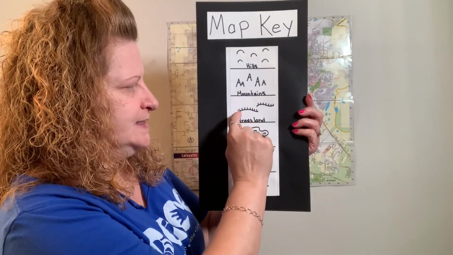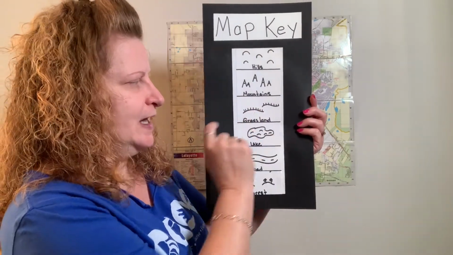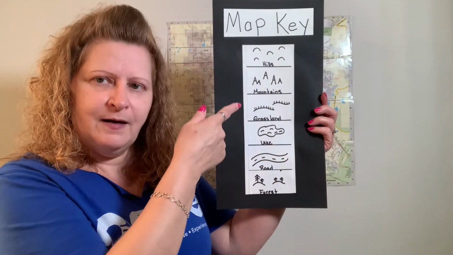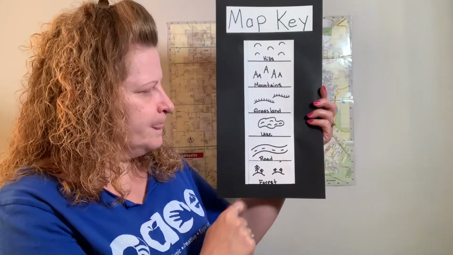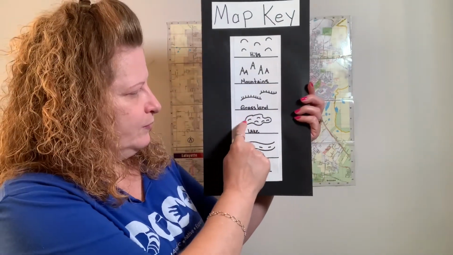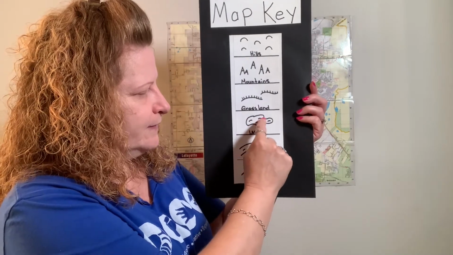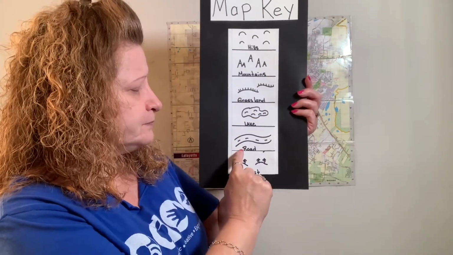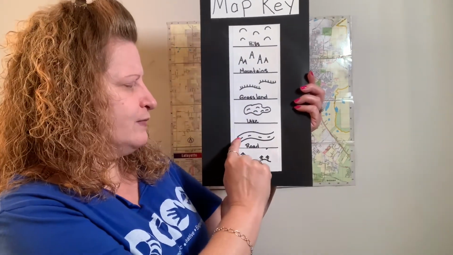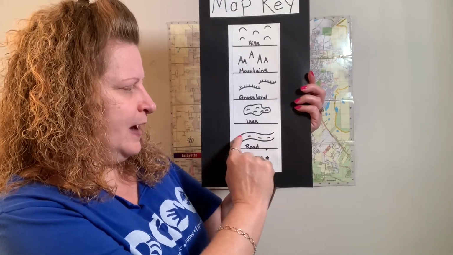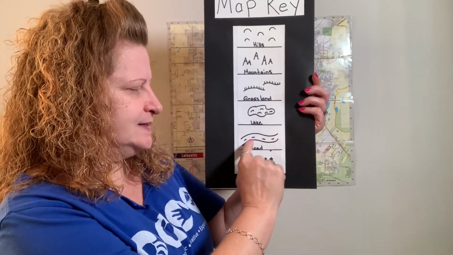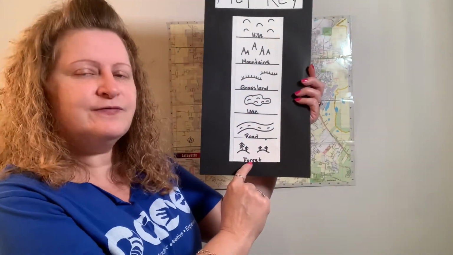Here we have grassland. We have curved lines that have little bitty straight lines on top of them. Again, another symbol. We have a lake, which is a wavy line with little curves on the inside as the symbol. We have a road, and our road has a curved line or wavy line on both sides and a dashed line in the middle. And here we have a forest.